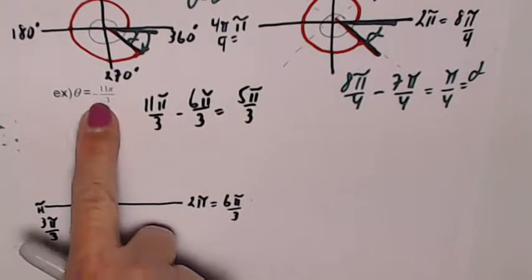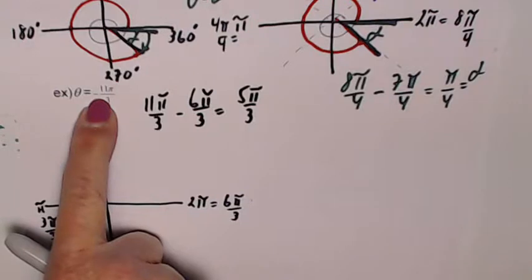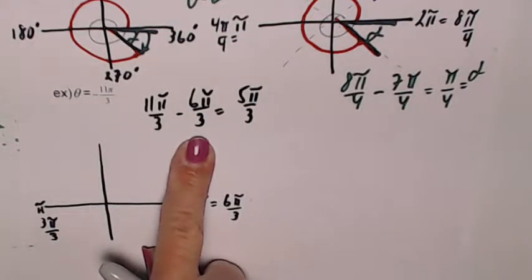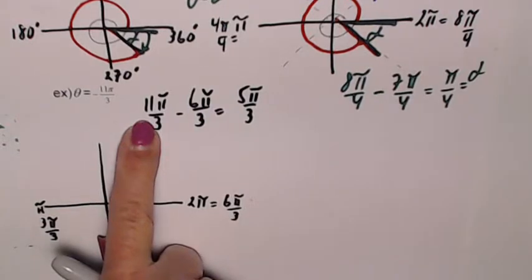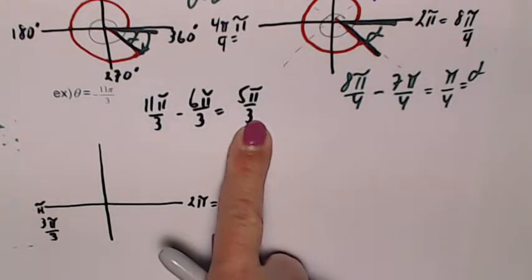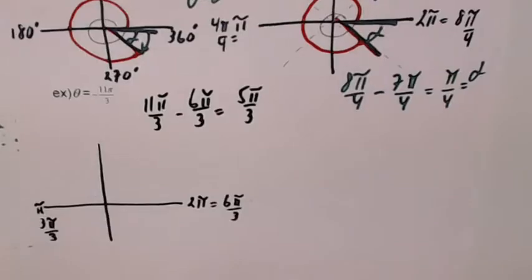When we do our subtractions, we can ignore the negative sign here because it's just telling us direction. So for purposes of subtraction, we don't need that negative sign here. So now this says we are going 5 pi over 3. But now we can't ignore the fact that we are going in the clockwise direction.